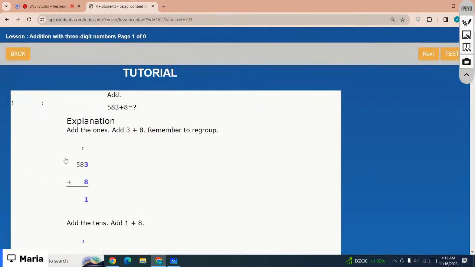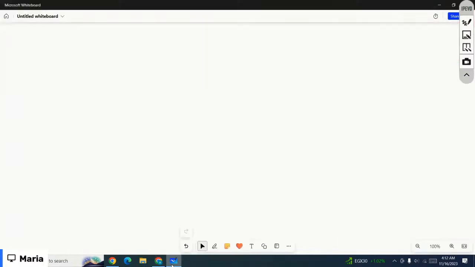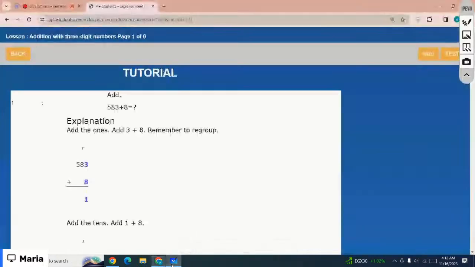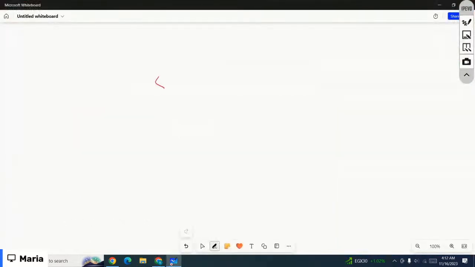The example is you need to add 583 plus 8. So you can make groups, right? You can see 3 and 8, they are the one digit number. Ones, tens and hundreds. So you have to add 8 plus 3. 8 plus 3 is 8, 9, 10, 11, right?